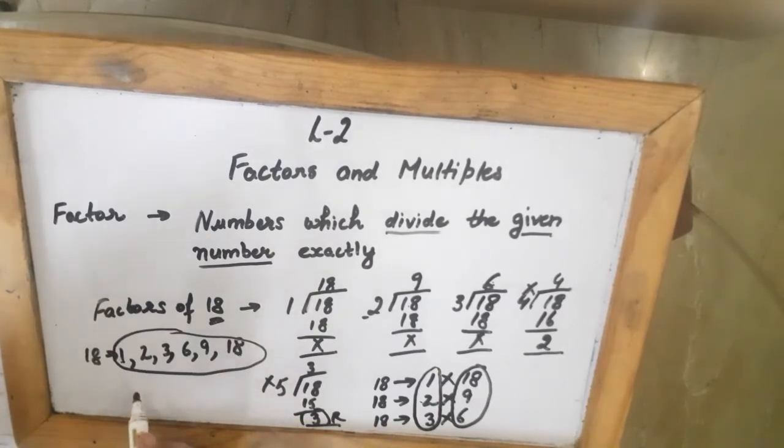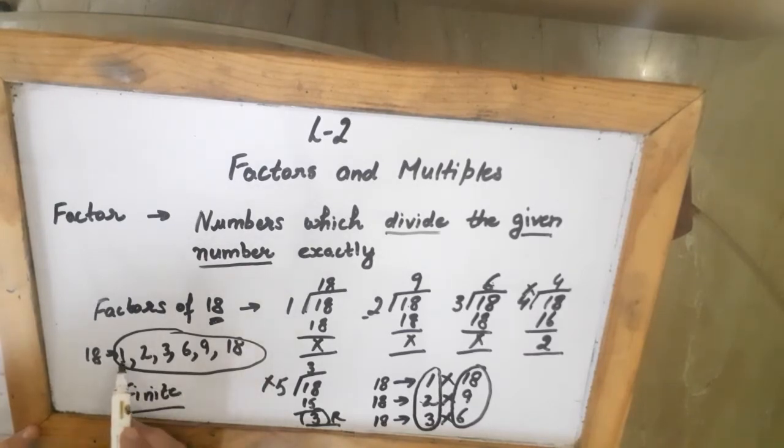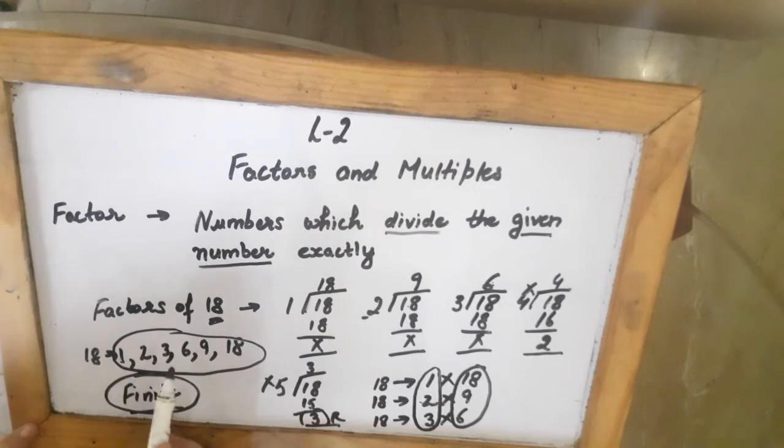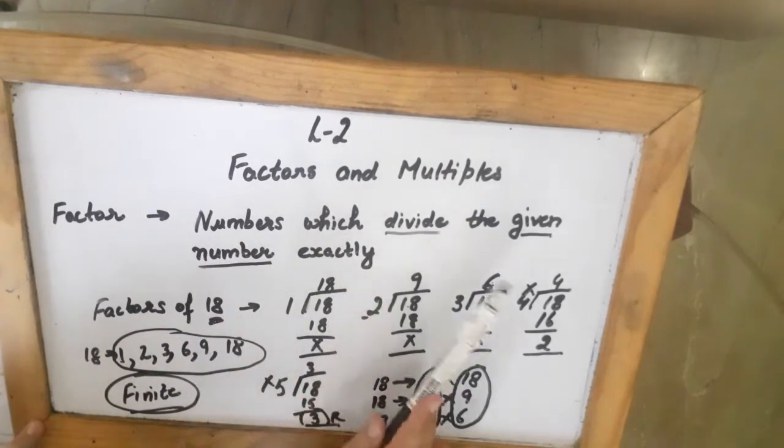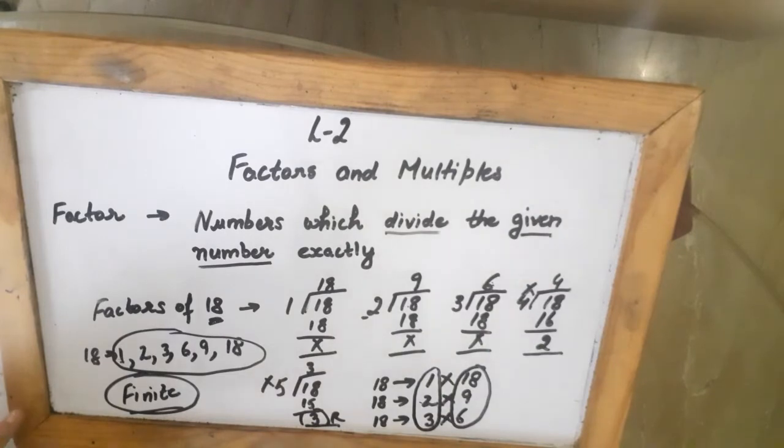So it means that factors of a number are finite. Finite means there is a limit to it, because I have the smallest factor and the largest factor. So the number of factors of a number is finite. So 1 is the smallest and the number itself is the largest factor. So what are factors? The numbers which divide the given number exactly.